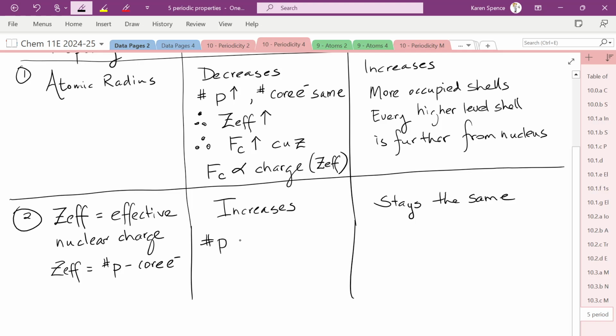Number of protons increases, number of core electrons stays the same. As we go down, the number of protons increases and the number of core electrons increases by the same amount.